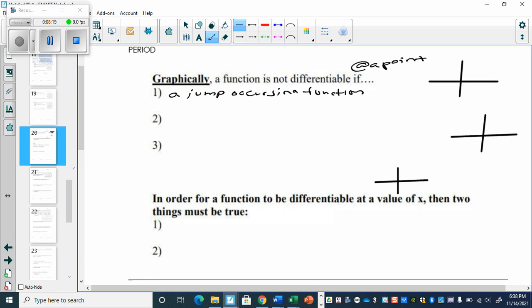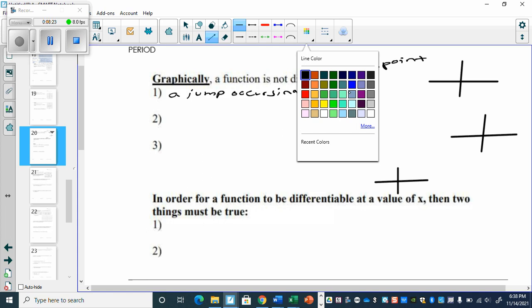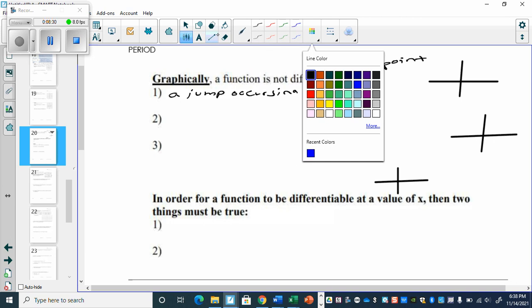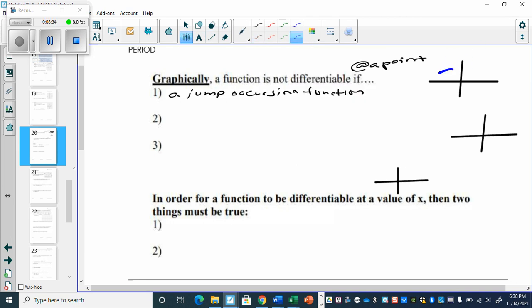So my first graph, let's do a little curve here. So here's my graph. There's a hole right here. Then here is, so this is a jump where it jumps from one to the other.